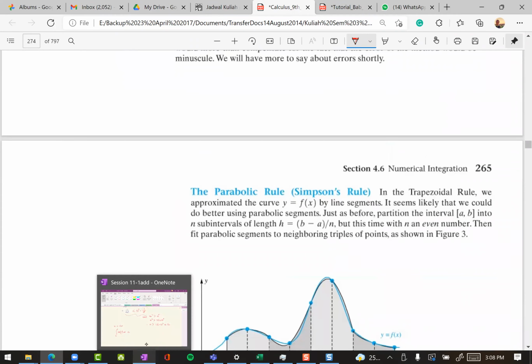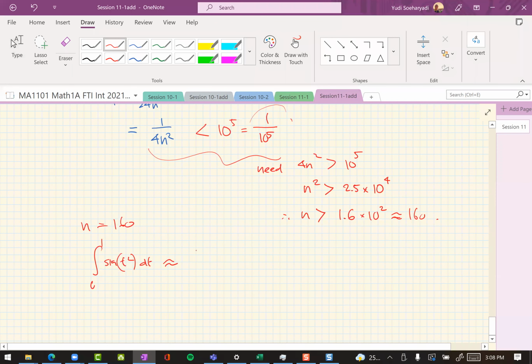I'm sorry, sure. Yes, 1 over n. So this is a, let me see, 161 terms. This is 10 points. At the end is that's the approximations.